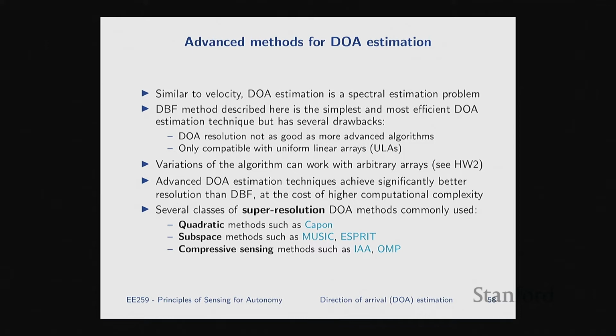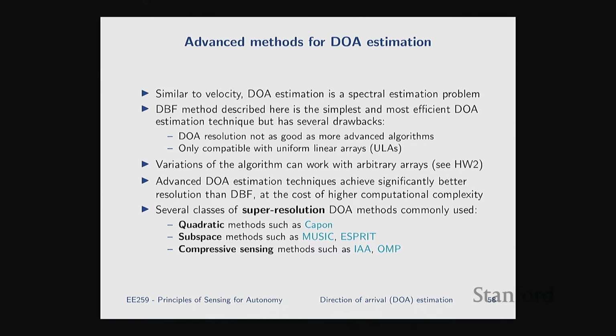Now, when it comes to DOA specifically, a lot of research efforts have been spent on better DOA algorithms for radar, because usually the resolution that you get from FFTs for range and velocity estimation is considered good enough for most robotic applications, but the resolution you get from the FFT for the DOA is really not that great.